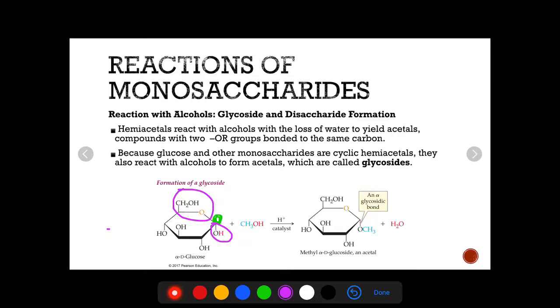So that makes the hemiacetal. Okay, so when we react the hemiacetal with an alcohol, we form the acetal. So now this carbon has 2 OR groups attached to it. So this right here, this red bond right here, is called a glycosidic bond, and it can be either alpha or beta. So I'm going to show you on this next slide.